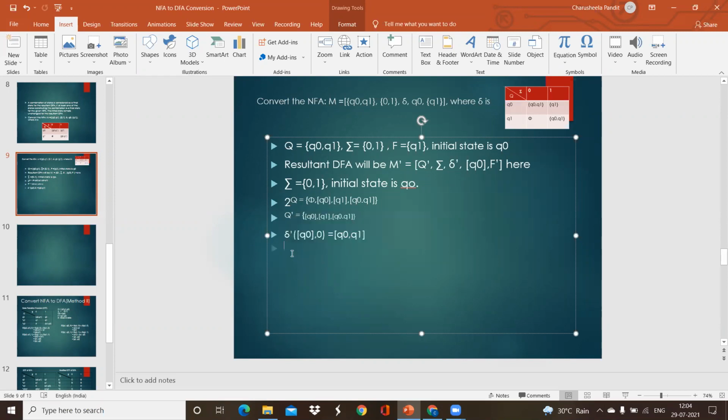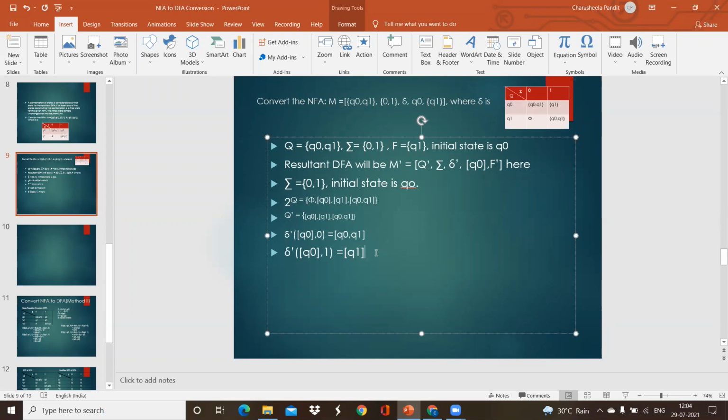You know that in case of DFA, we will have a transition from each state on each input symbol given in the input alphabet. So Q0 on input 1, there is a transition to Q1. This you can refer from the state transition function of NFA.